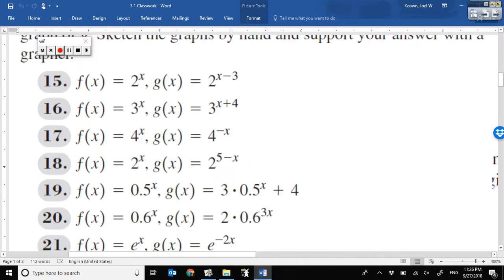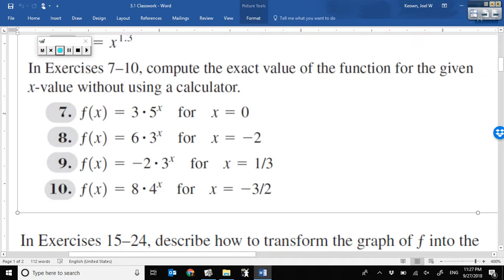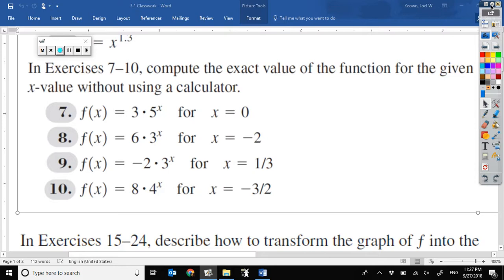Right here. There we go. I'm going to pick one of these to do real quick. We'll look at number 8.